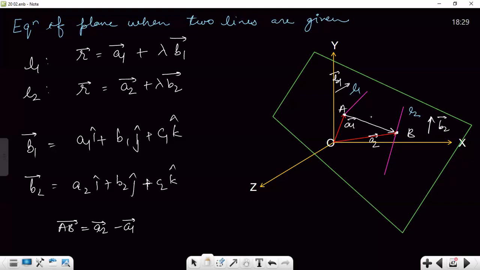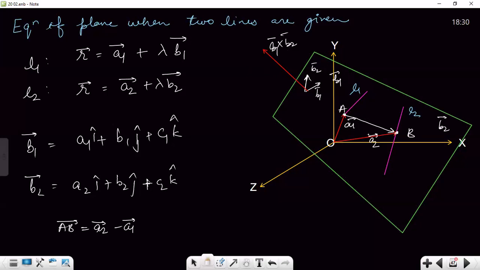If I take the cross of both of these vectors, understand clearly, b1 and b2 vector, the resultant vector will be perpendicular to the plane. b1 cross b2. So this is the normal vector to the plane. And the AB vector is lying on the plane.